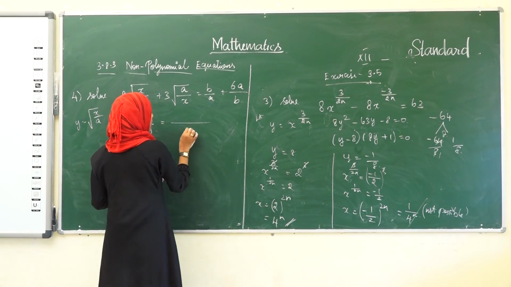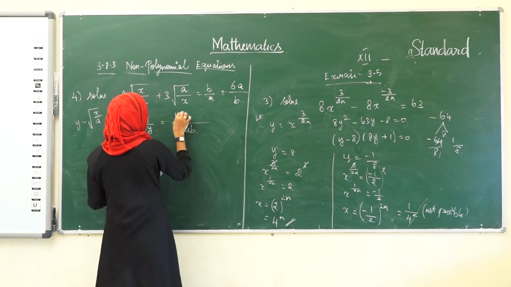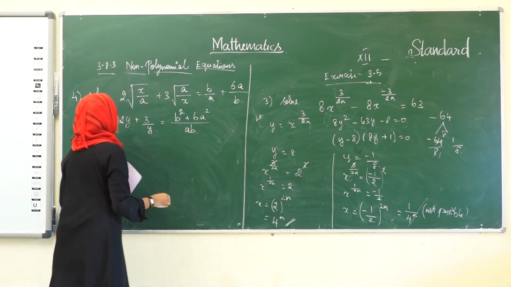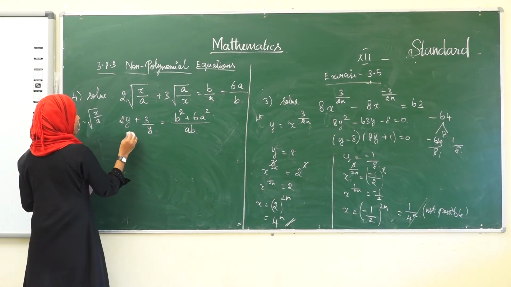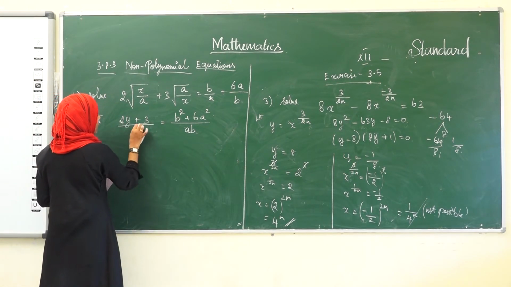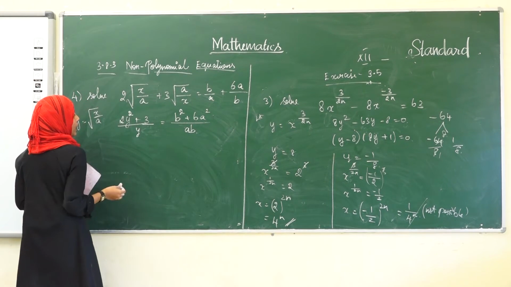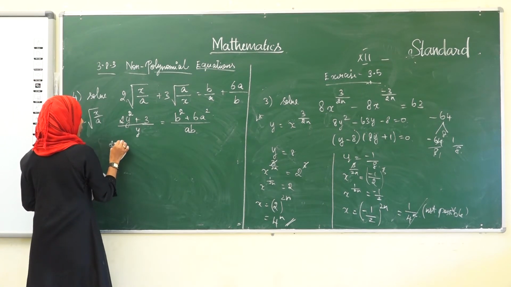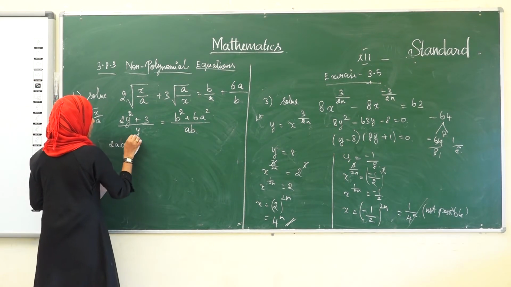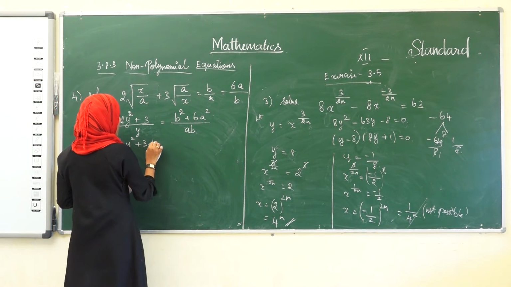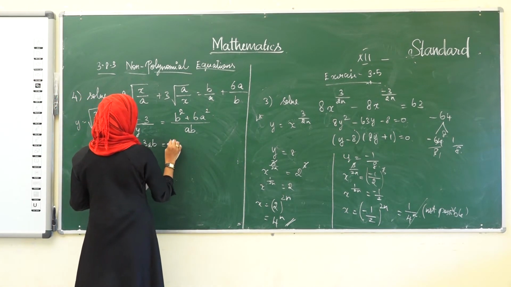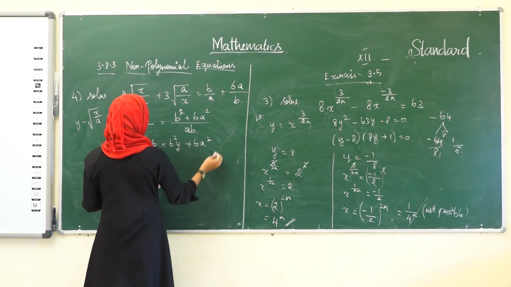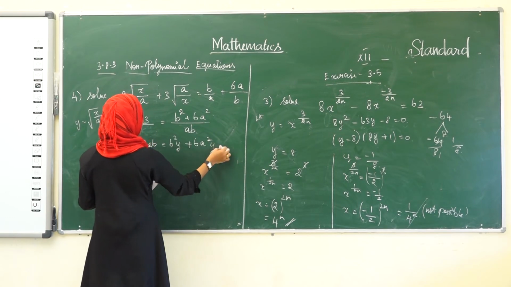Let us take the LCM on this side, a into b, therefore b square plus 6a square. Now take the LCM on this side, divided by a, this becomes y square, 2y square. Now cross multiply. What we get: 2 into ab into y square plus 3 into ab is equal to b square y plus 6a square into y.